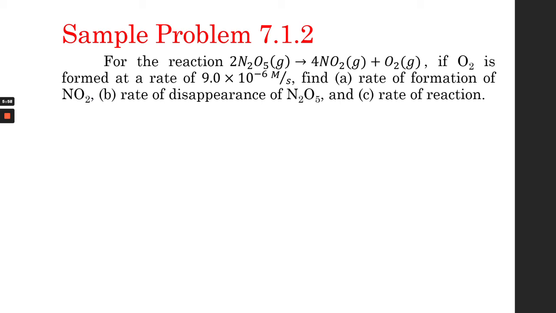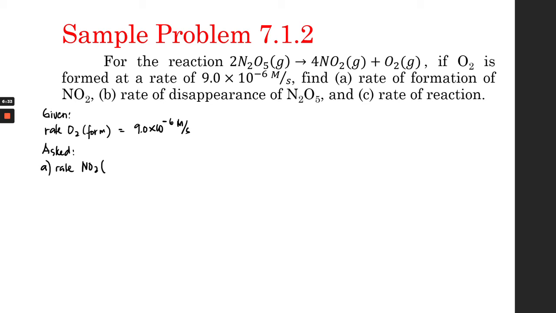So what we are given is the rate of formation of O2, which is equal to 9.0 times 10 raised to negative 6 molar per second. From this rate of formation of oxygen gas, we first want to find the rate of formation of NO2.